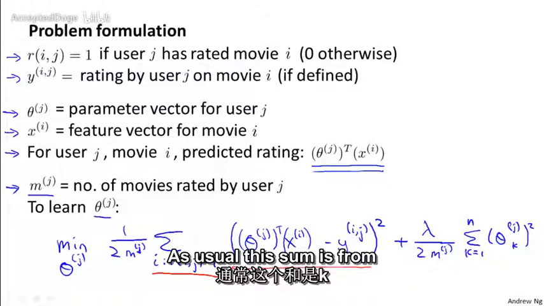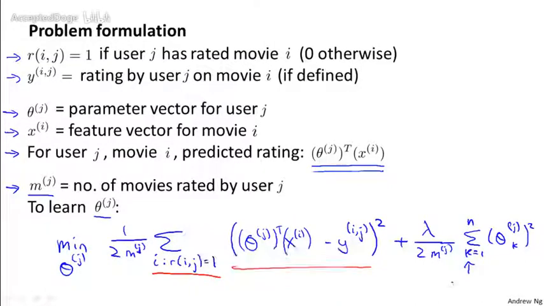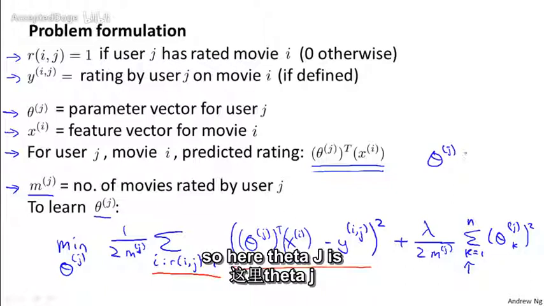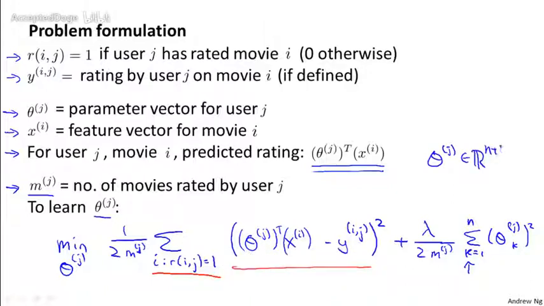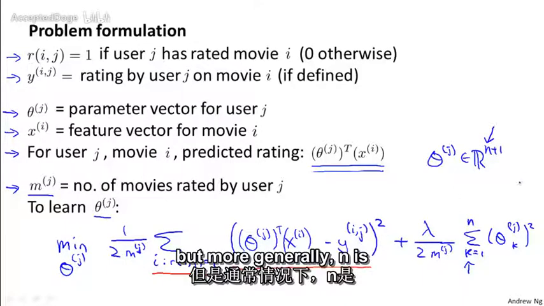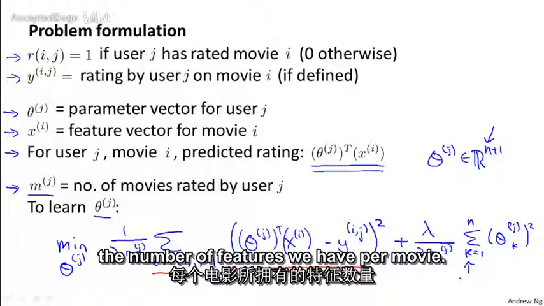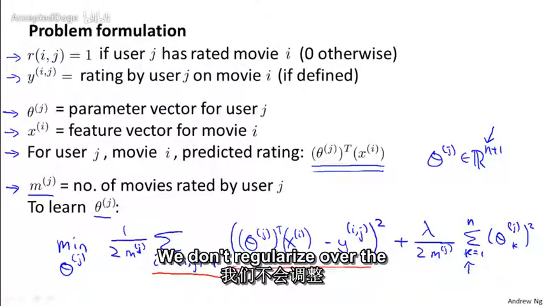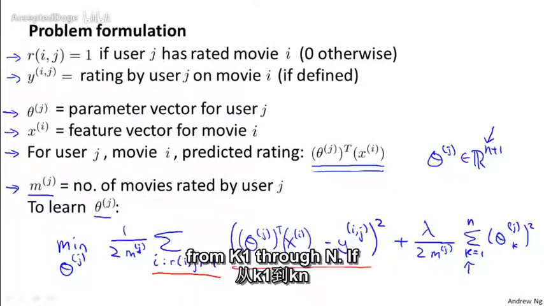As usual, this sum is from k equals 1 through n. So here, theta j is going to be an n plus 1 dimensional vector, where in our earlier example n was equal to 2, but more generally, n is the number of features we have per movie. And so as usual, we don't regularize over theta 0. We don't regularize over the bias terms. Those sums are from k equals 1 through n.